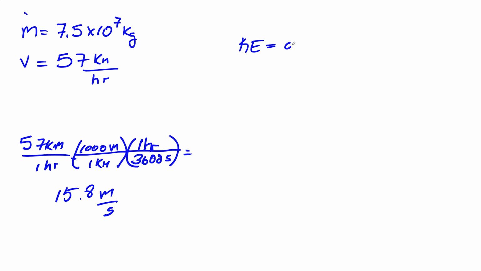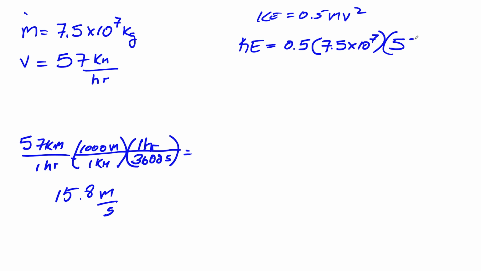Okay, 0.5. The mass. So I'm going to write it up here: KE is equal to 0.5 mv squared. We don't need to do any manipulations. We're looking for kinetic energy. So 0.5 times 7.5 times 10 to the 7th. And now we got 57. Whoops, nope, 15.